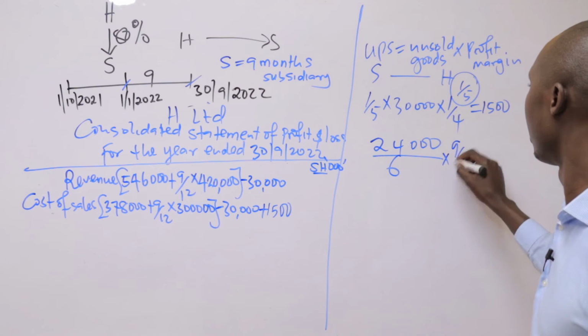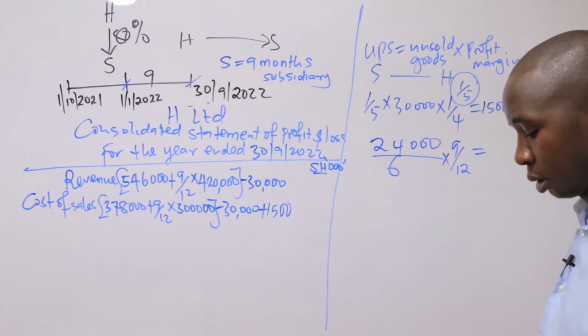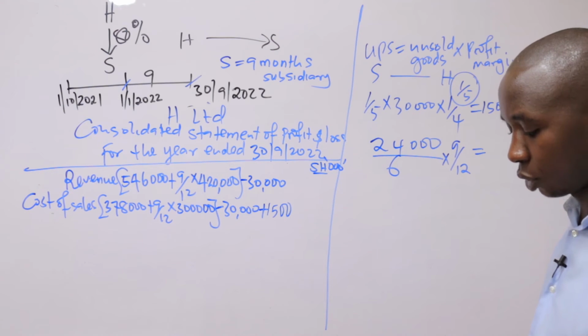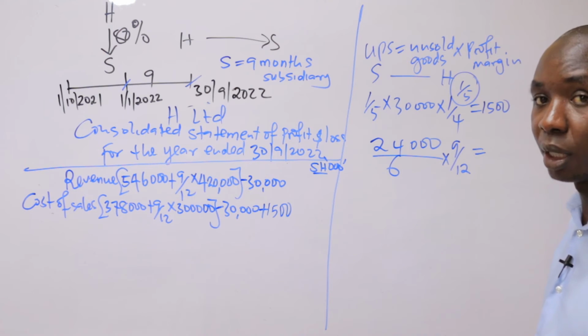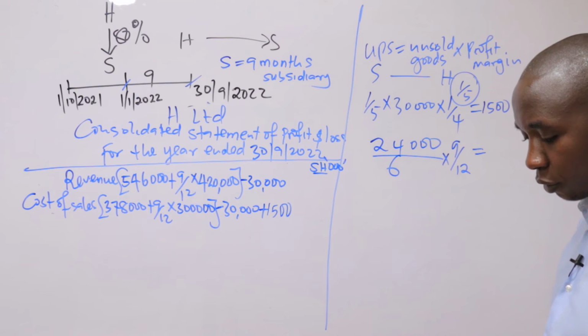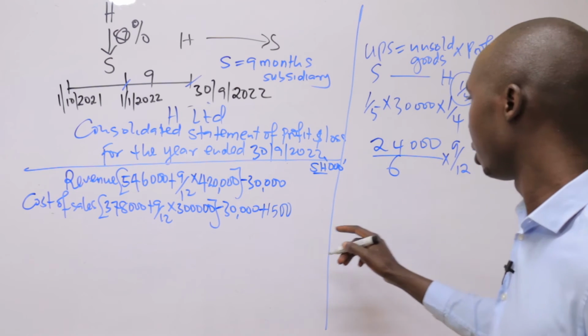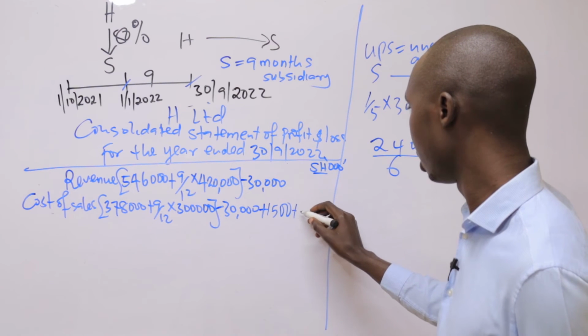It was existing for 9 months. So our depreciation undercharge will be 24,000, which is a revaluation gain, divided by the remaining useful life of 6 years, times the period 9/12. So that is 3,000. That is the only thing. Again, we add here.